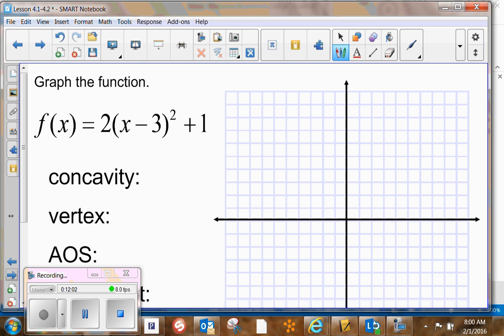Obviously, 2 is my a, this is my h, this is my k. So I'm going to help you keep on track. My a is positive, therefore what are you going to write for concavity? Is it concave up or concave down? Up.